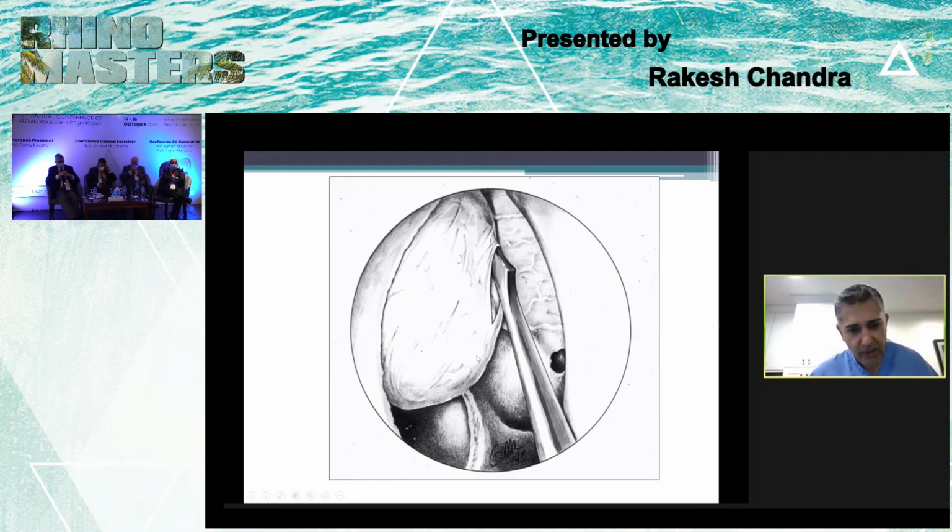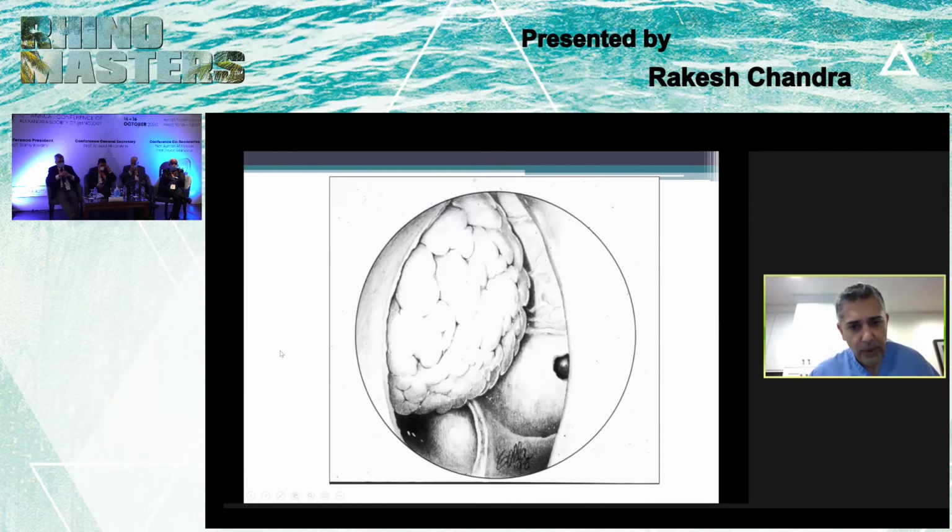So usually, unlike this diagram, I'll make the incisions parallel and horizontal. Then with gentle globe massage, the fat herniates into the field. And when this procedure is done for Graves' ophthalmopathy, which is the other indication for this procedure, the fat herniates into the field quite spontaneously.